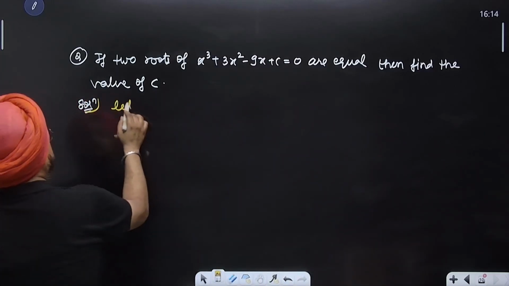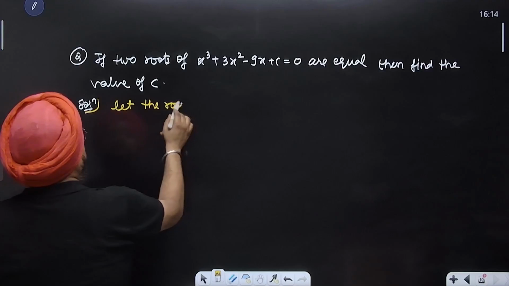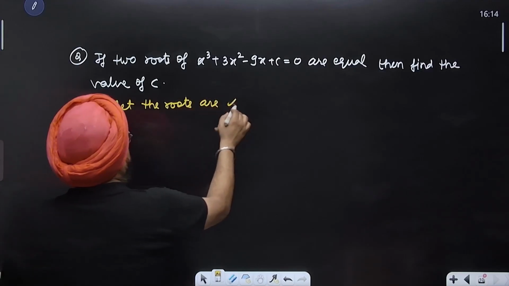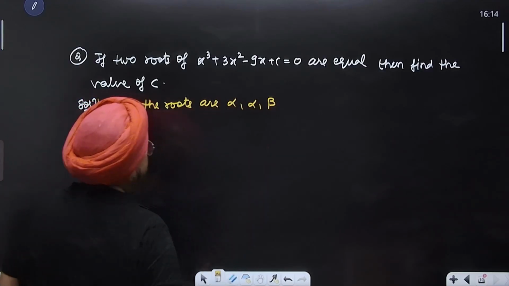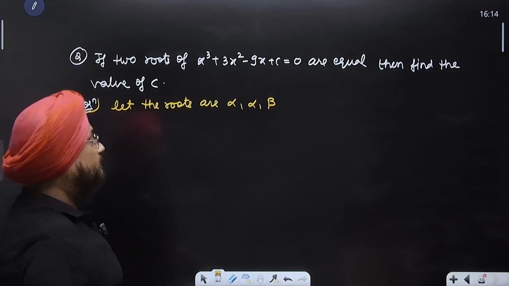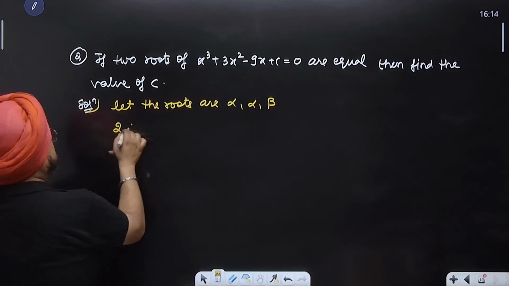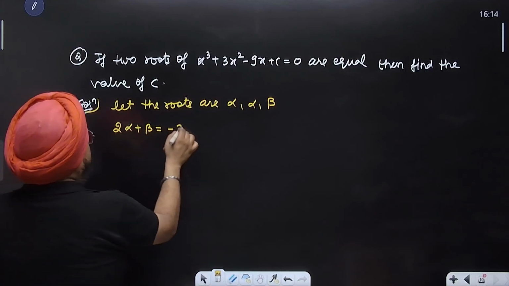Let the roots be alpha, alpha and beta. Now I can write the sum of the roots as minus 3, so 2 alpha plus beta is minus 3.